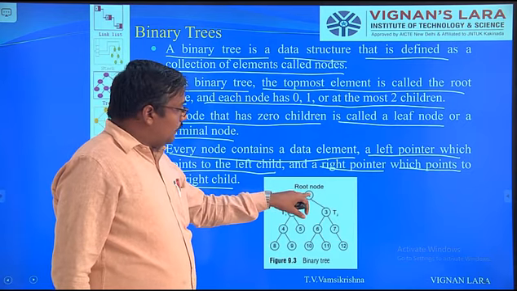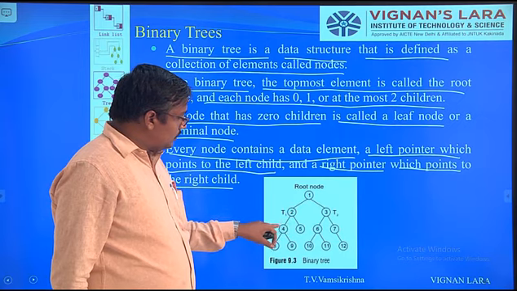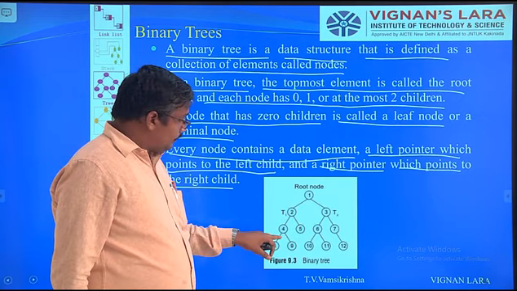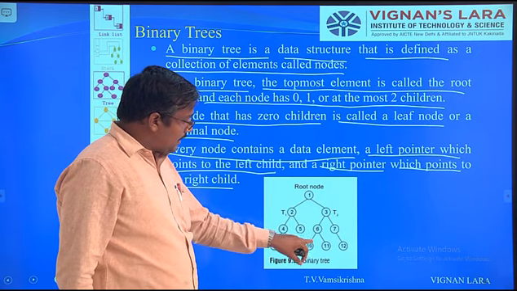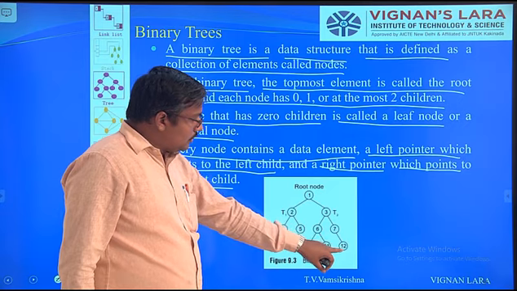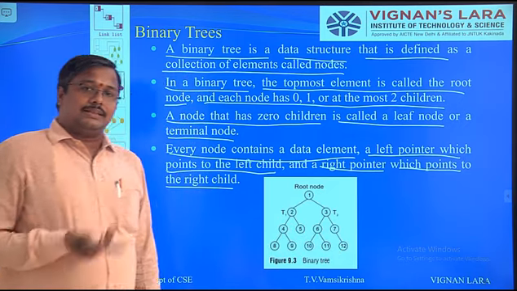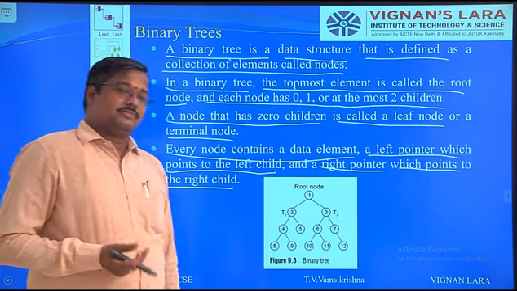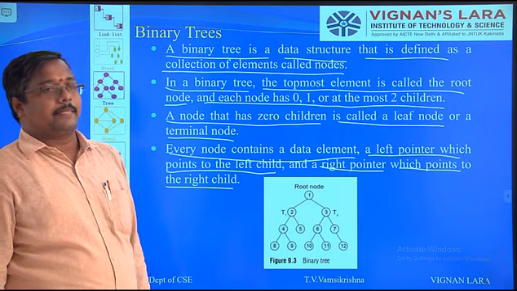Here, see, 1 is the root node with 2 children. 2 is a parent node, with 4 and 5 as 2 children. 4 is a parent node, with 8 and 9 as 2 children. 6 is a parent node, with 10 and 11 as 2 children. 7 is a parent node, with 12 as 1 child. So the maximum is either 0 or 1 or 2. This is one beautiful example of a binary tree.